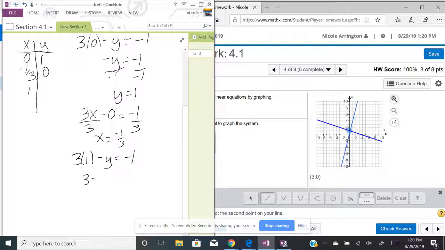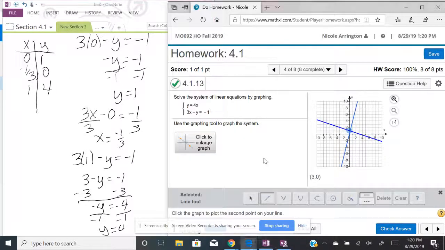So I have 3 minus y equals -1. Subtract 3, subtract 3, -y equals -4. Divide by -1, divide by -1, y is equal to 4. So now, if I come back to my graph, I can plot 1, 4. There we go.